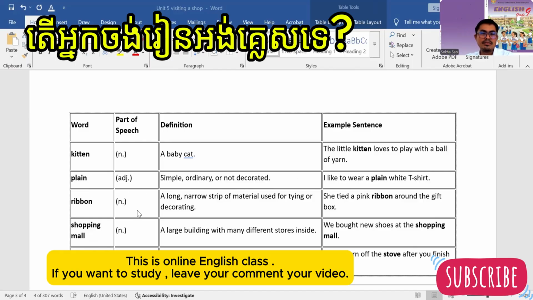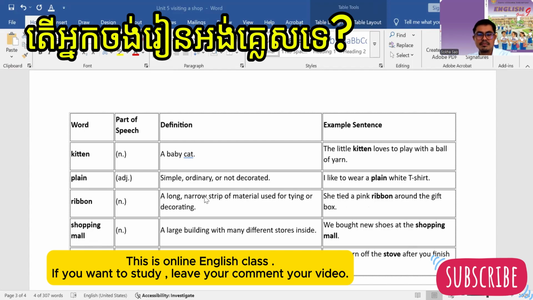And a ribbon. A ribbon means a long narrow strip of material used for tying or decorating, to make something beautiful. For example, she tied a pink ribbon around the gift box.